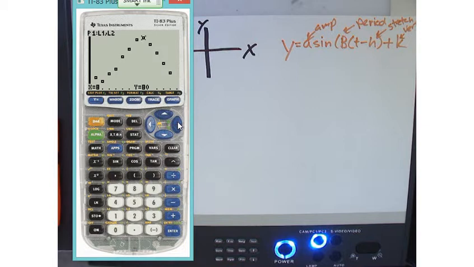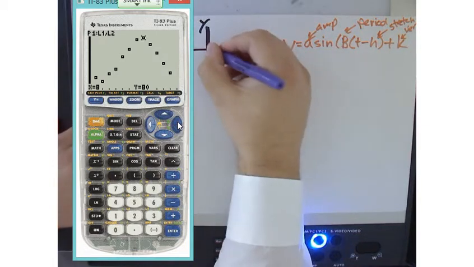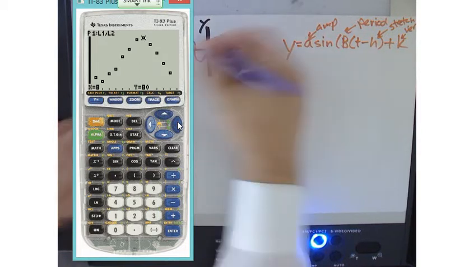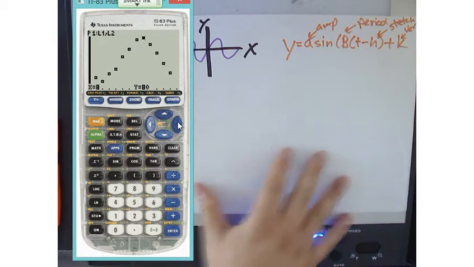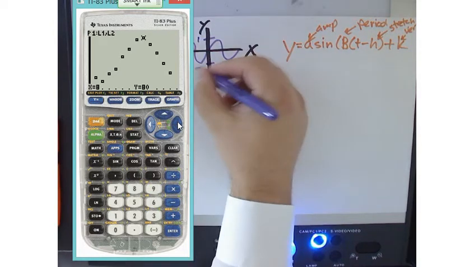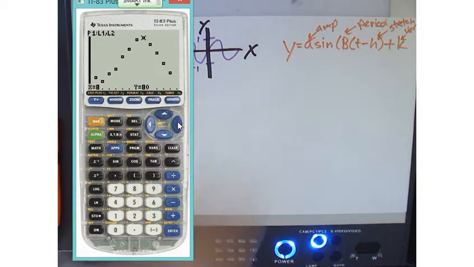So, my sine wave starts at the origin, and it goes like this, and it goes like this, right? And so it has an amplitude of 1 because it goes from 1 to negative 1. And then the x-axis goes right through the middle of it.